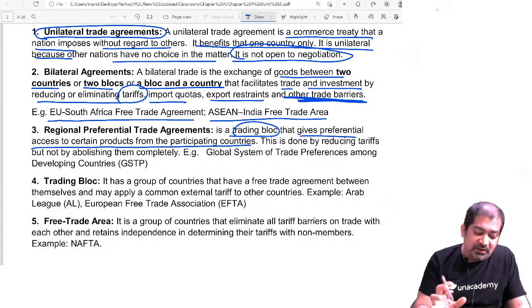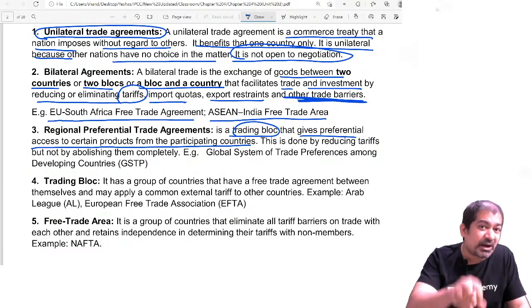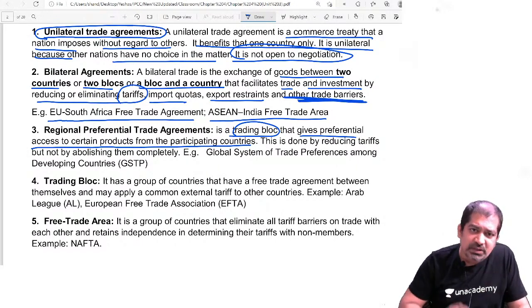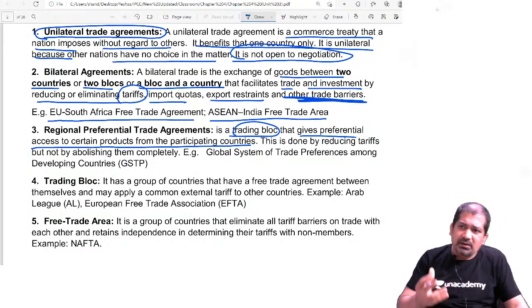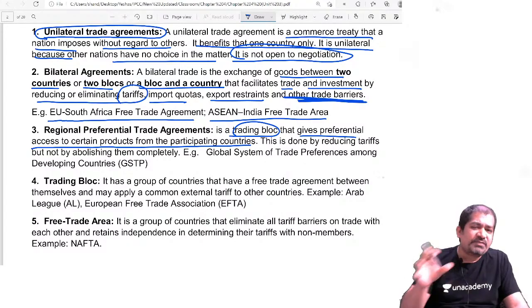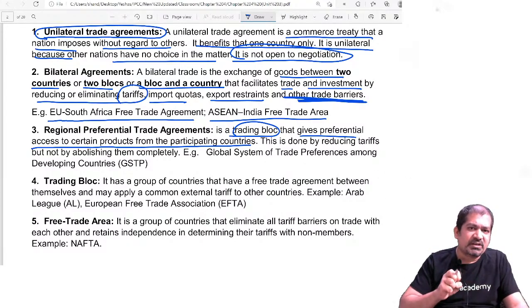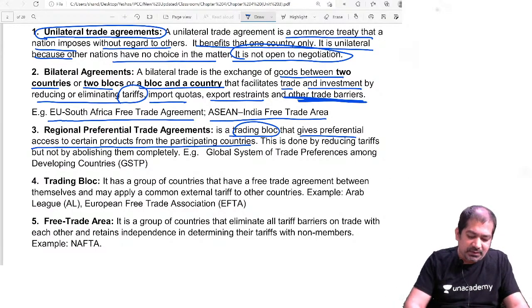Preferential means one country will give preference to the other countries who are part of the agreement. If 2 countries or 5, 6 or 10 countries come to a preferential agreement, they will decrease the import duty on goods from each other. Alright, this is done by reducing the tariff but not abolishing them completely.